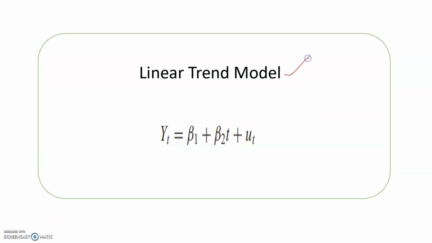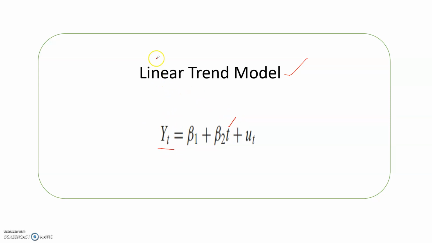Linear trend model. Now, instead of regressing the log of y on time, like we did in our previous example, we could simply regress y on time. In this case, t is known as the trend variable.